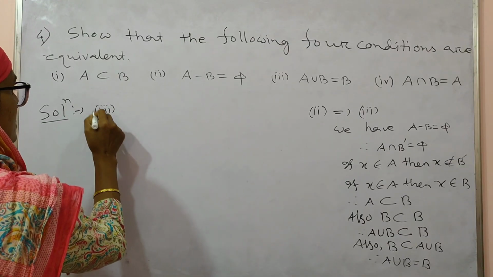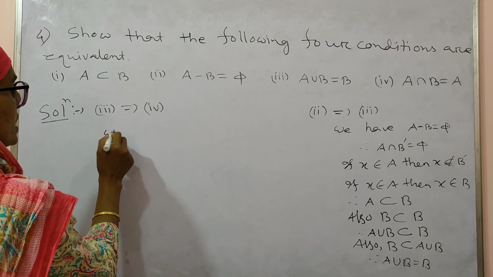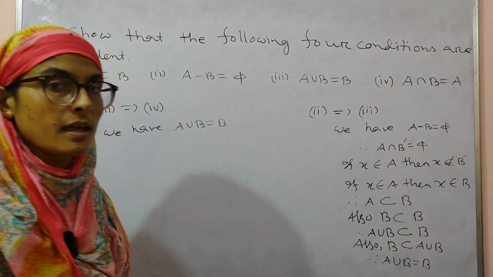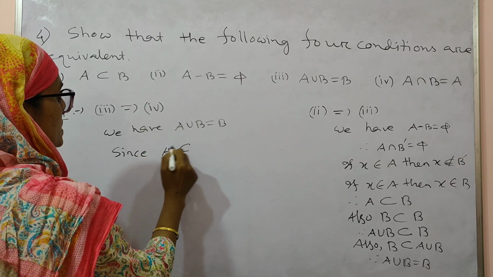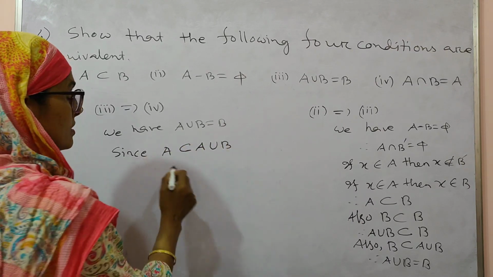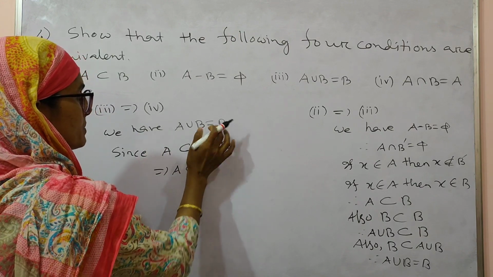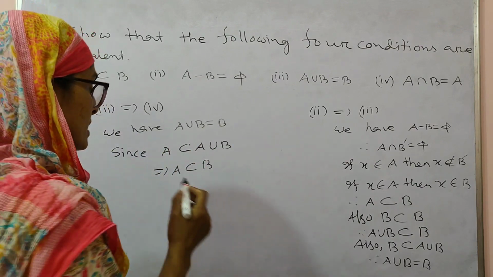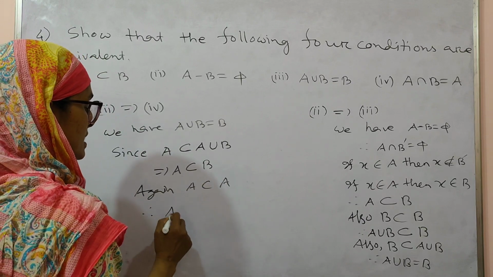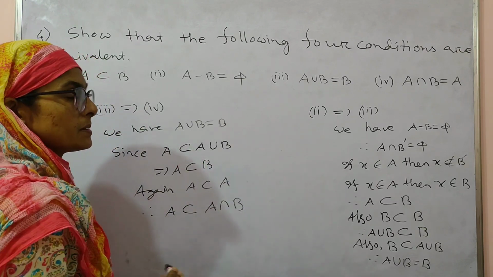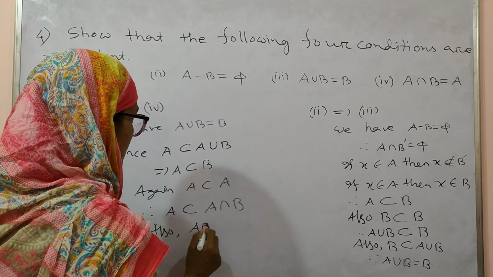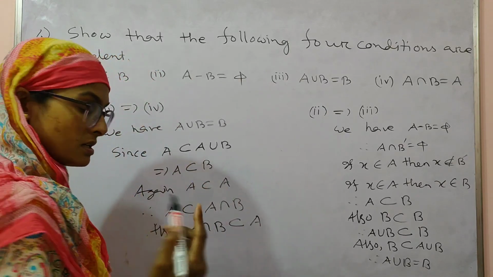Next, 3 implies 4. We have A union B equals B. This is the given condition, and you have to prove A intersection B equals A. Since A is a subset of A union B, or A is a subset of A union B means B, A is a subset of B. Again, A is a subset of A. Therefore, you can write A is a subset of A intersection B. Also, A intersection B is a subset of A. This one is surely a subset.